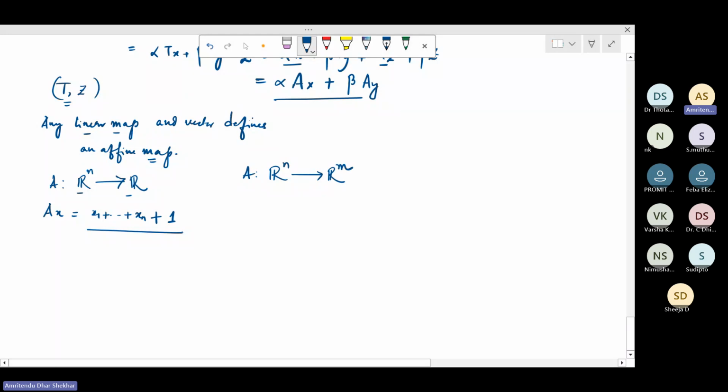then you can basically stack up m affine maps.